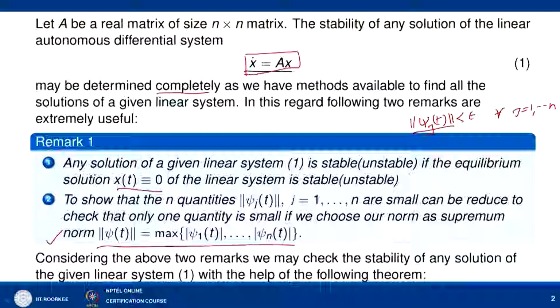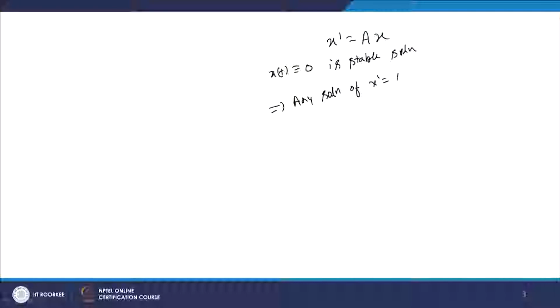So first let us verify this remark 1. Look here: we simply say that we have a system x' = A(x), and we say that if x(t) identically equal to 0 is a stable solution, this implies that any solution of x' = A(x) is also stable.